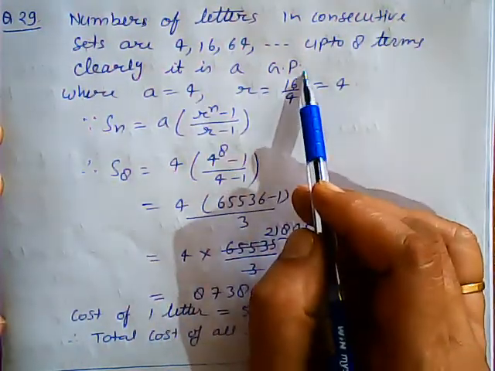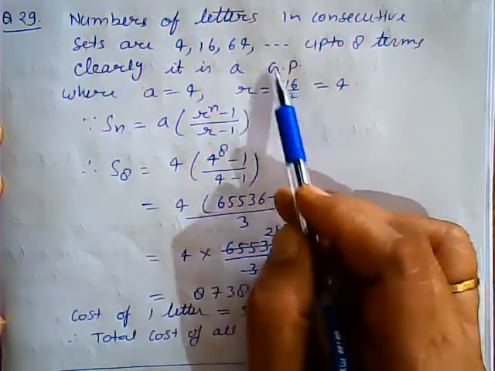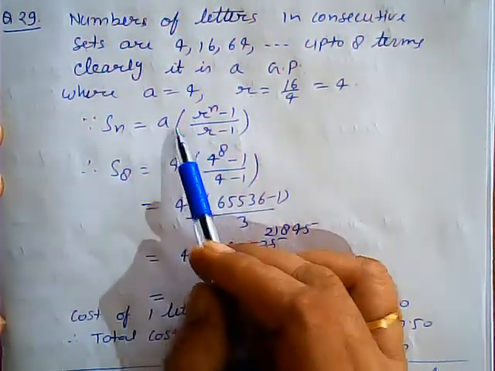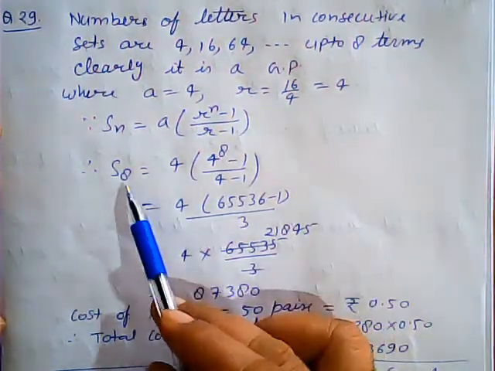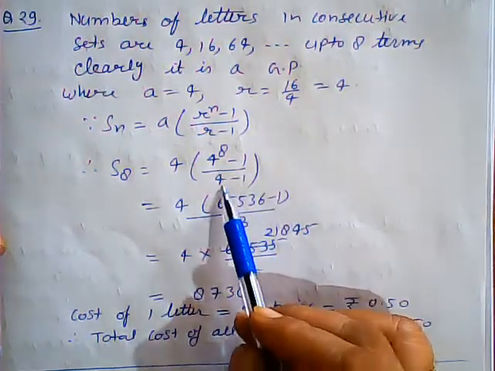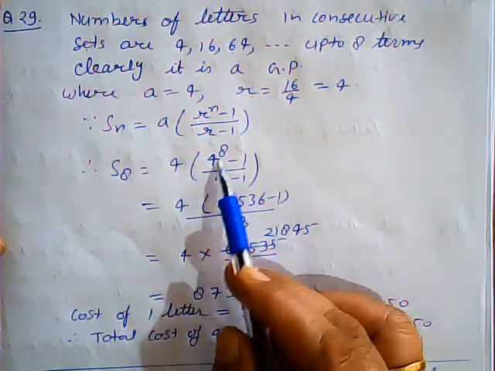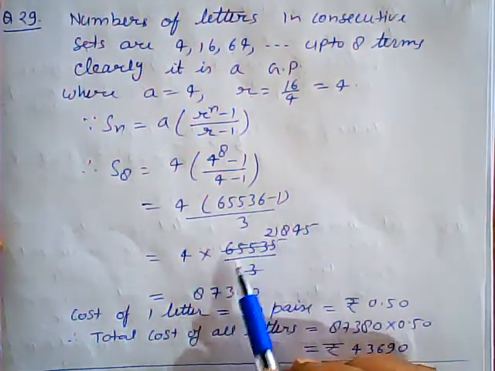Clearly it is a GP where first term A equal to 4, common ratio R equal to second term divided by first term, it is 4. Sn equal to A into R raised to power n minus 1 upon R minus 1. Now S8 equal to 4 into 4 raised to power 8 minus 1 upon 4 minus 1. Value of 4 raised to power 8 is 65,536, minus 1 and upon 3.